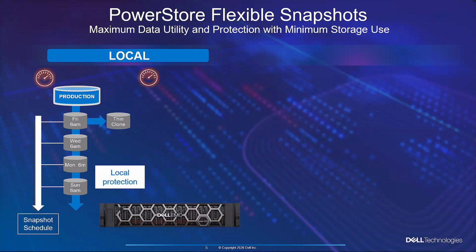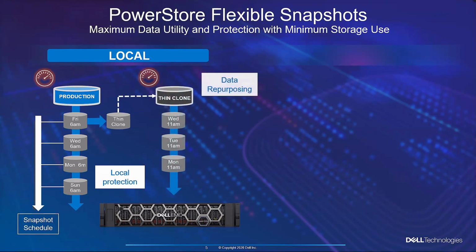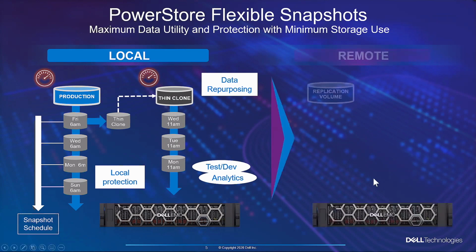Starting with local protection, a local snapshot protects the storage objects such as a volume with immutable efficient snapshots that cannot be mounted, but rather only be used for recovery. The flexibility of efficient snapshots is such that they can, however, be repurposed by creating an efficient clone from the snap to be mounted and used, for example, for use cases such as test dev and analytics.